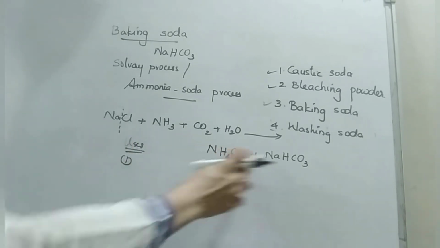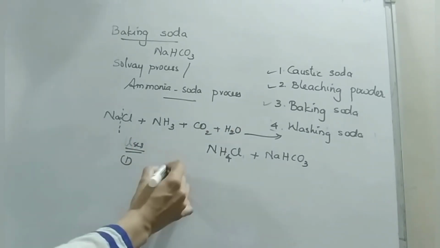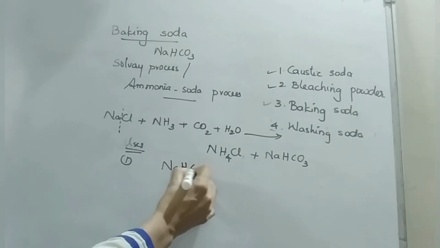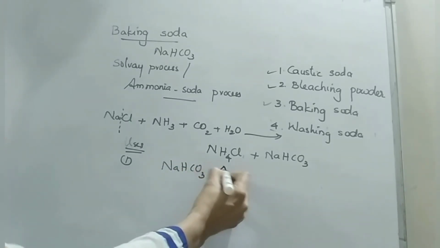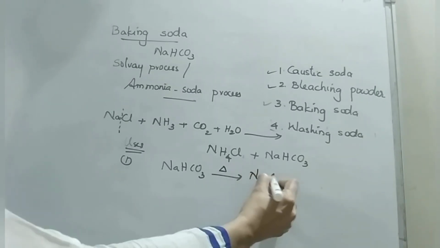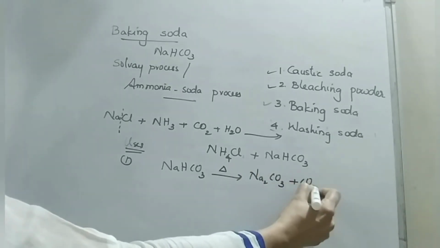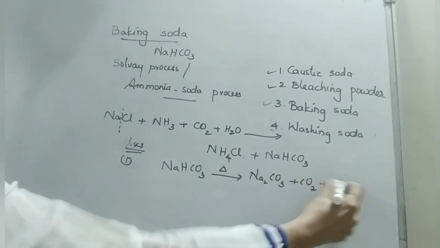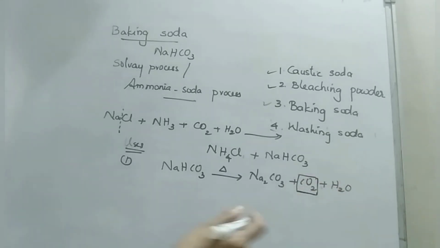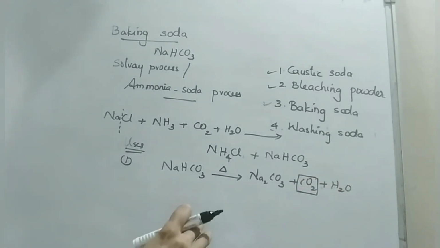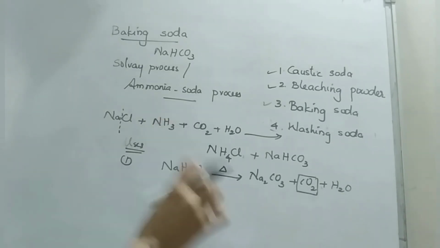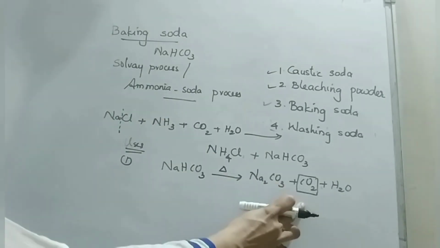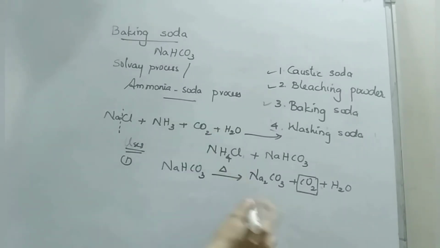Why are we using this baking soda? Look at this. Baking soda, sodium bicarbonate, on baking, which means heating, what happens? It splits to form sodium carbonate plus carbon dioxide gas plus water. This carbon dioxide gas is released. This carbon dioxide gas causes the bread or cake to become soft and spongy.